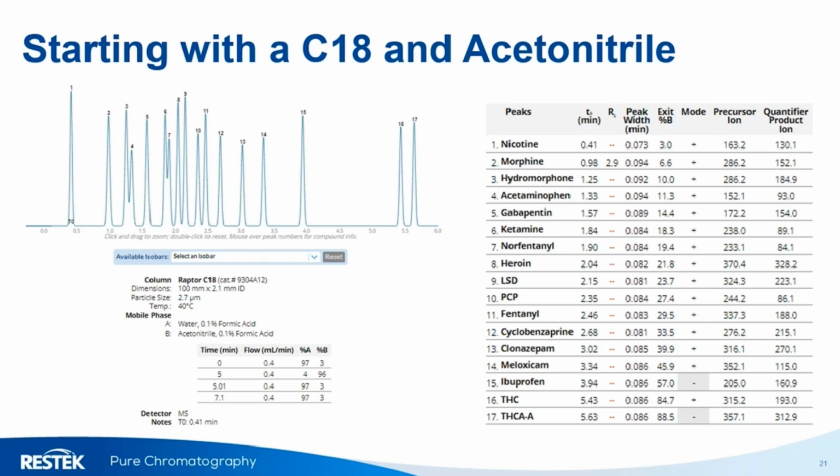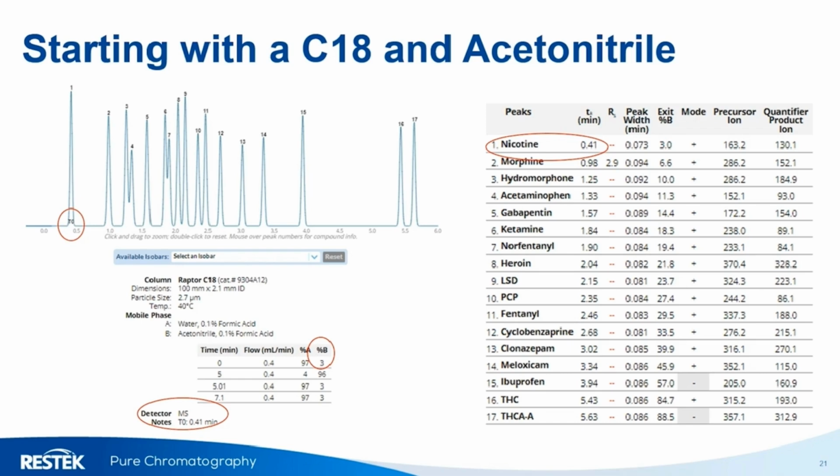And what I can see from that separation to start with is that even at this low organic percentage, my first analyte, nicotine, is coming out in my dead volume. So the T sub 0 value, anything below that is unretained.